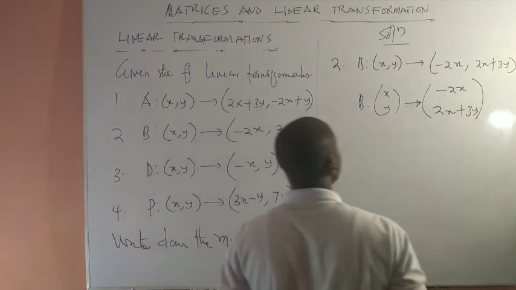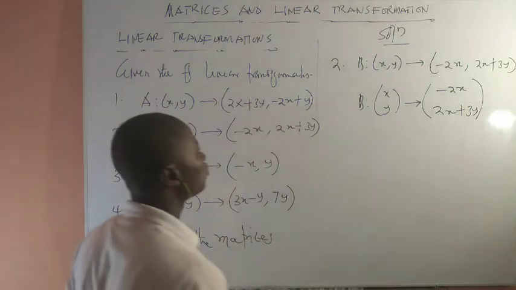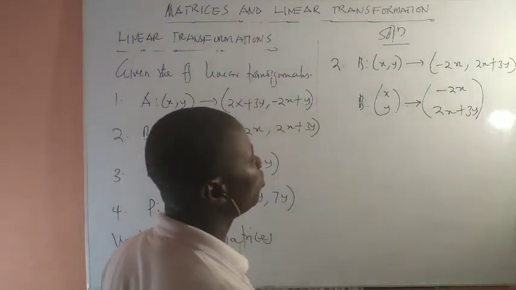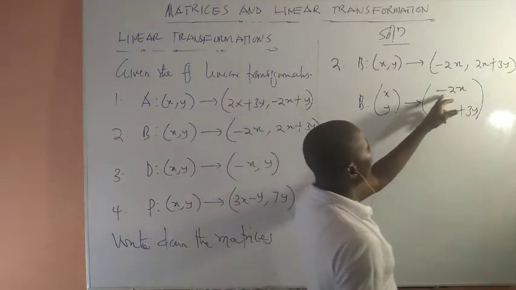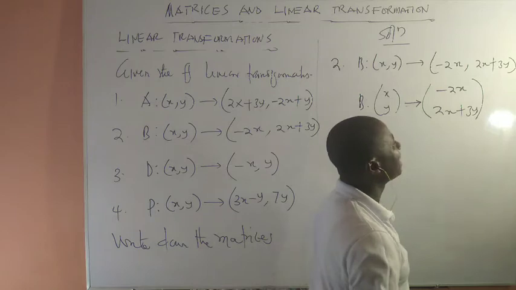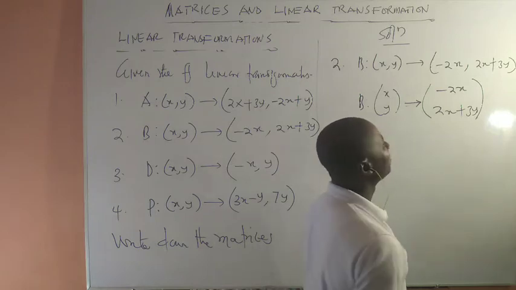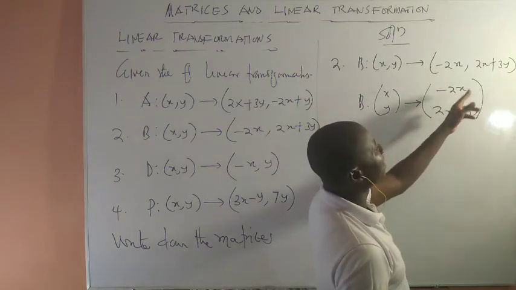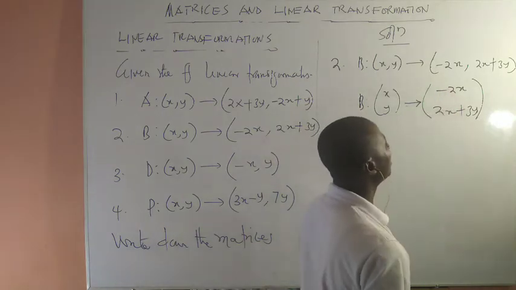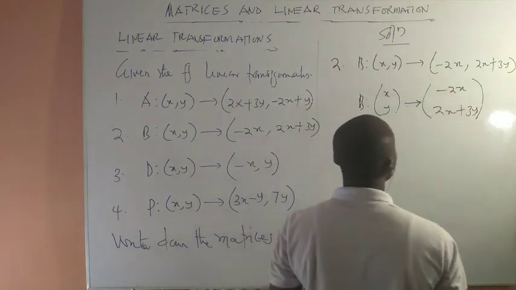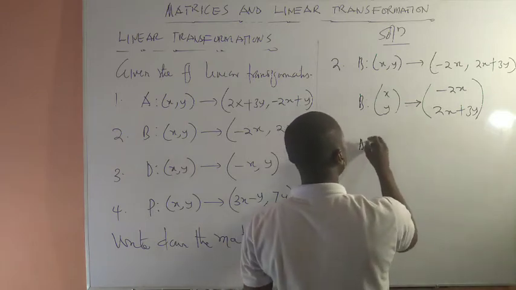If this is what we are given, take note that in the first row, we have minus 2x, and there is no y term. It's supposed to be plus 0y, but 0 times y gives us 0, and that's why it's just minus 2x up there.